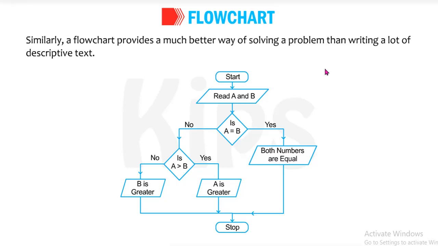For example, if you got two textbooks, one having only text, one paragraph after another paragraph, 10 pages full of words and sentences, and another book with plenty of colorful pictures, which one will you select?